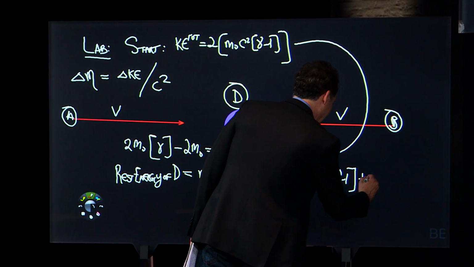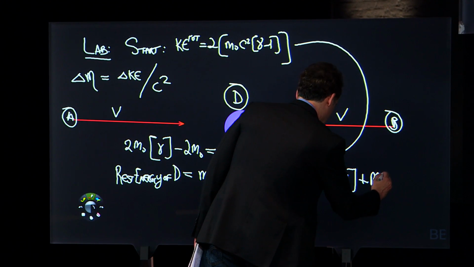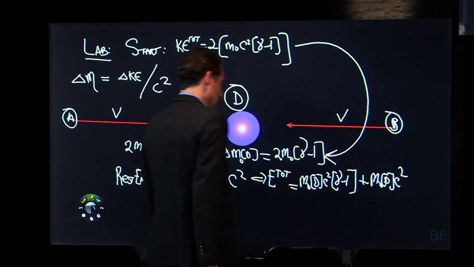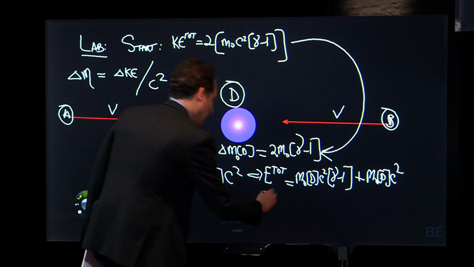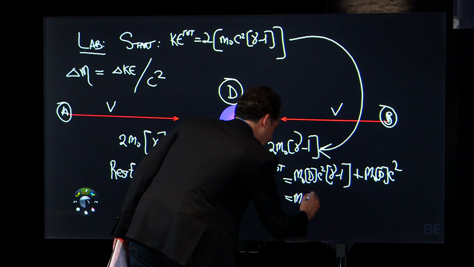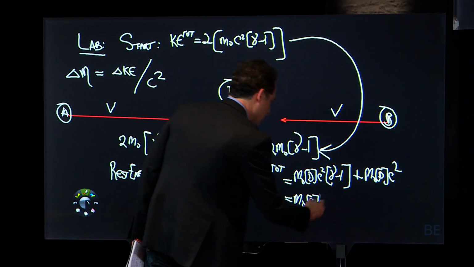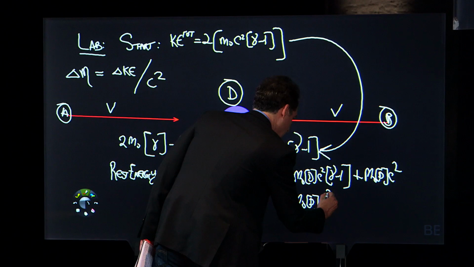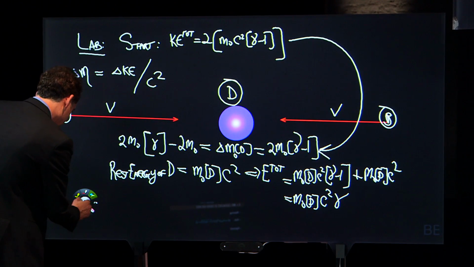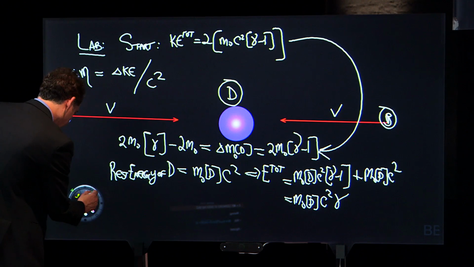But now we add in this additional energy that we have just established that it contains even when it is sitting still. Putting those together, we get m0, the mass of this particle when it's at rest, times c squared times gamma. And that is Einstein's famous formula.